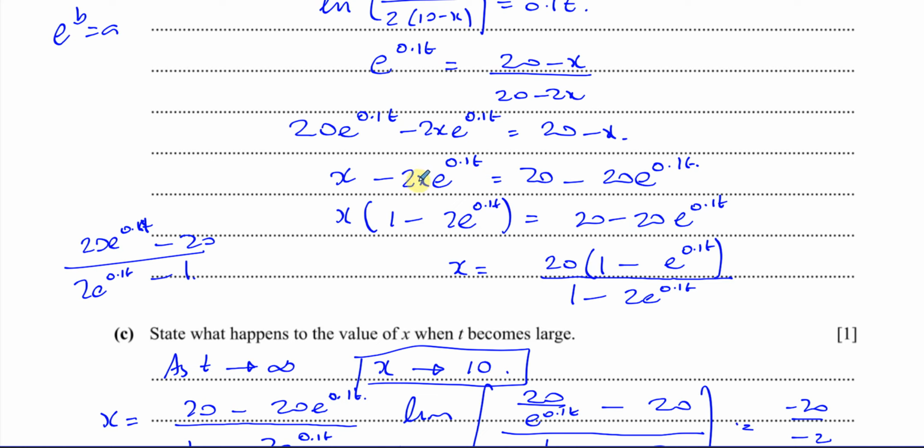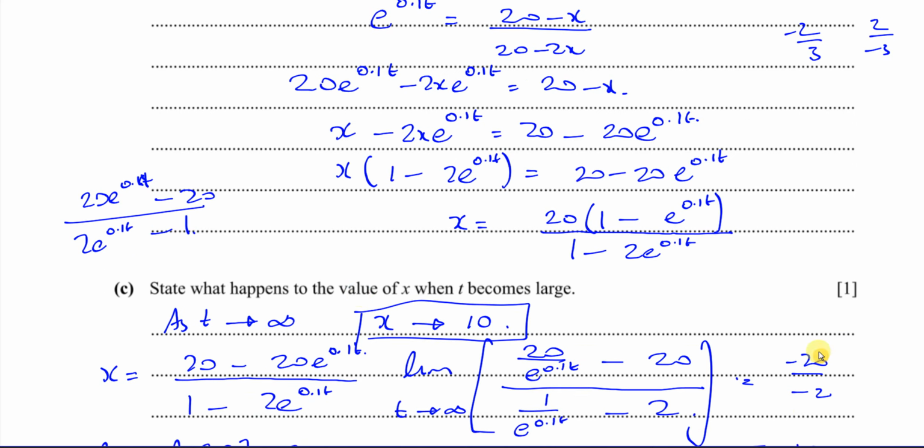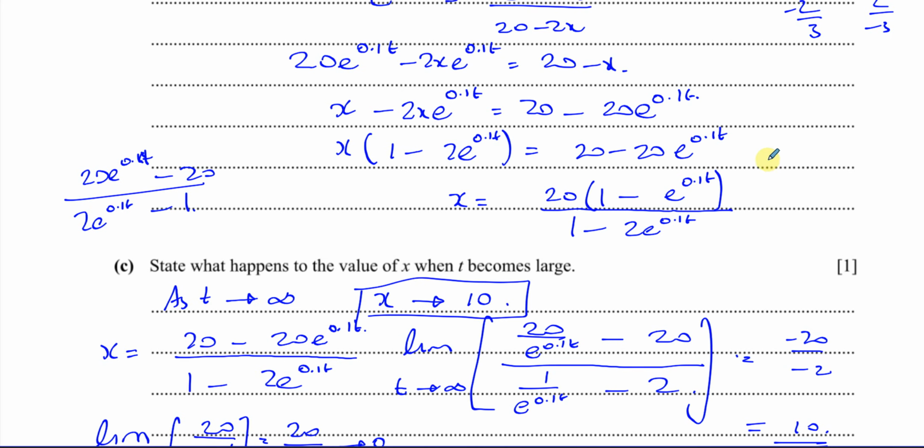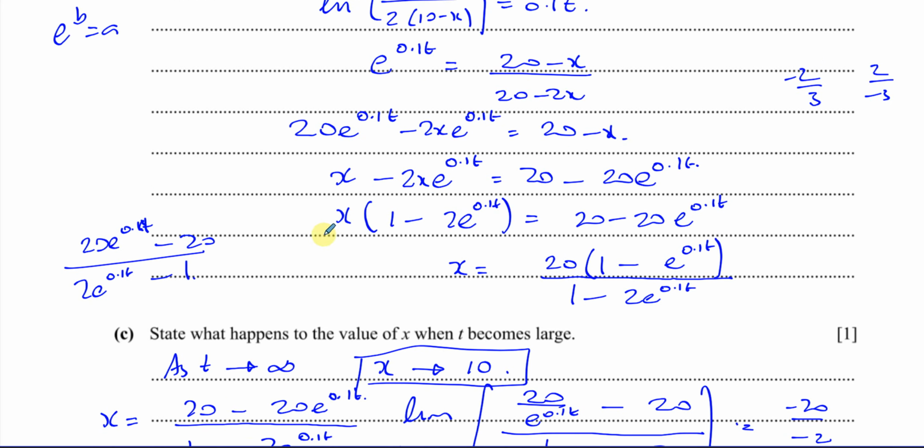Because I put the x's on this side, I ended up with this, but if I brought them to the other side, I would have got the other answer. It's like having minus 2 over 3 or 2 over minus 3, they're the same thing. You'd reach the same value even if you put them the other way around. It's like you multiplied both top and bottom by minus 1, that's all. It's a little side point.